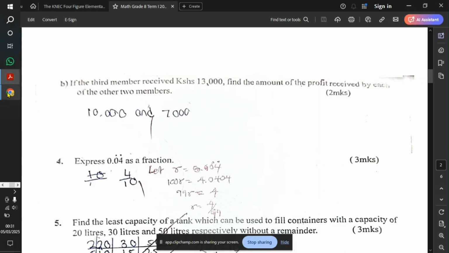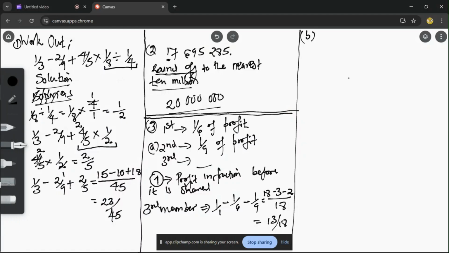So here you are told that the third member received shillings 13,000. Sorry, it is supposed to be 3 zeros, 13,000. 1, 2, 3, like that. So I want to know what the first received and what the second received.